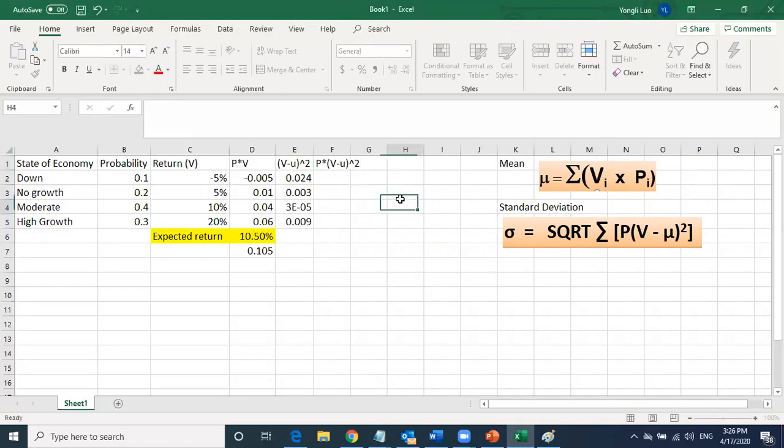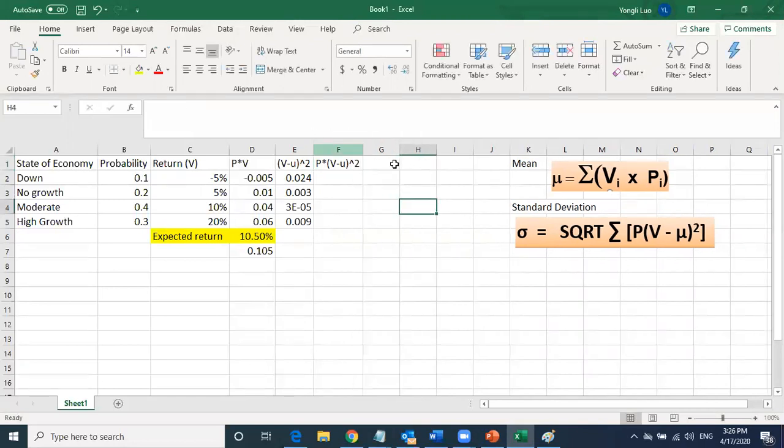This number we already calculated, and then we just use the probability times the deviation squared, and then you click enter. So you have the probability times the deviation squared.